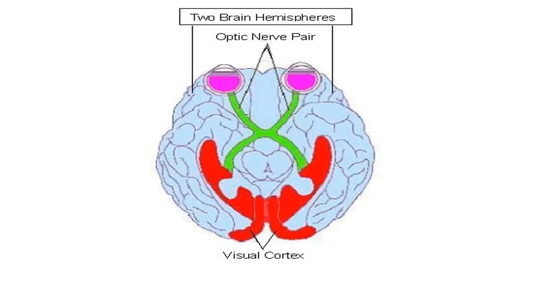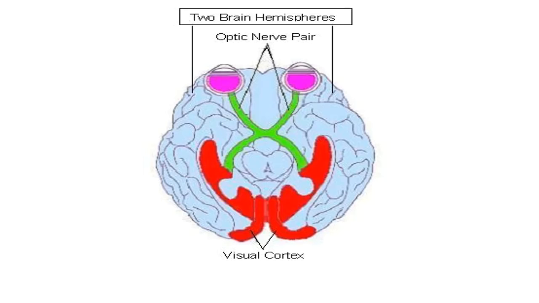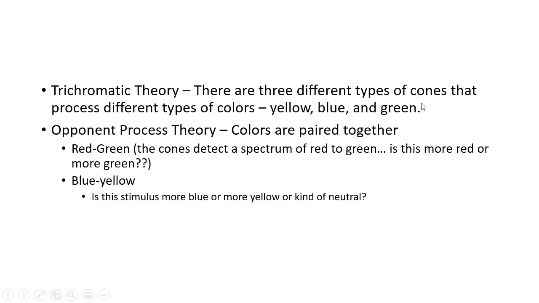So there's a couple types of theories for how we see color, right? The first theory is called the trichromatic theory, and it's the idea that we have three different types of cones: yellow, blue, and green. There's another type of theory called the opponent process theory, which basically means that we have two types of cones that detect a spectrum of blue to yellow, red to green.